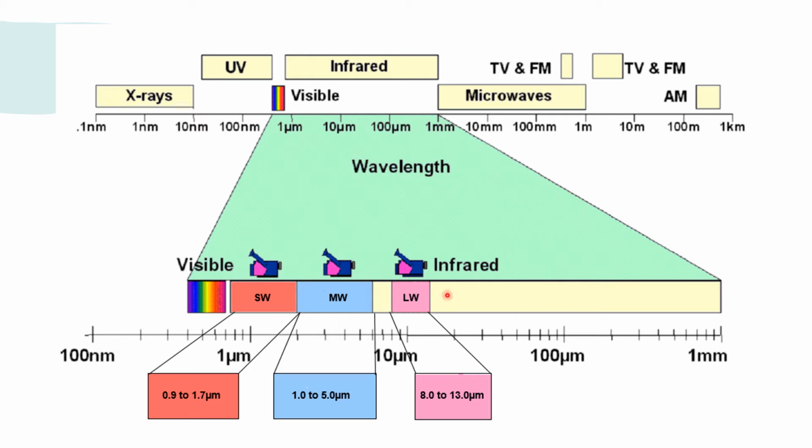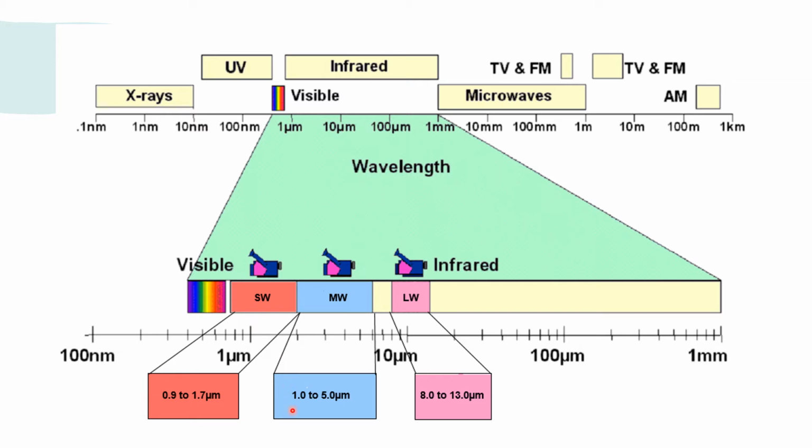So this wavelength belongs to various portions, that is short wave, medium wave, and long wave. In between 0.9 to 1.7 micrometer, the short wave is created.